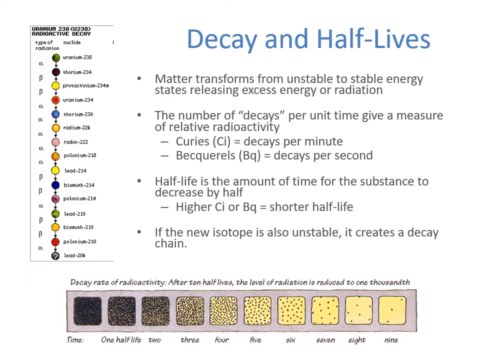But even after 9 half-lives, there's still a few left because it's a stochastic process. So after 10 half-lives, the level of radiation is reduced to 1/1000th, is the rule of thumb.